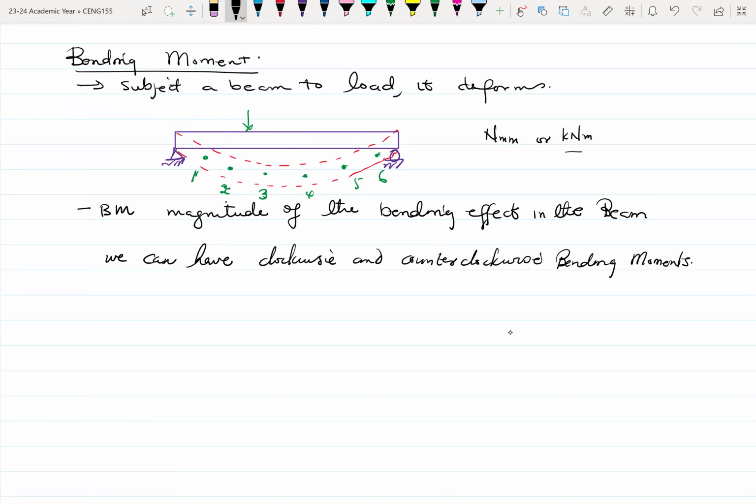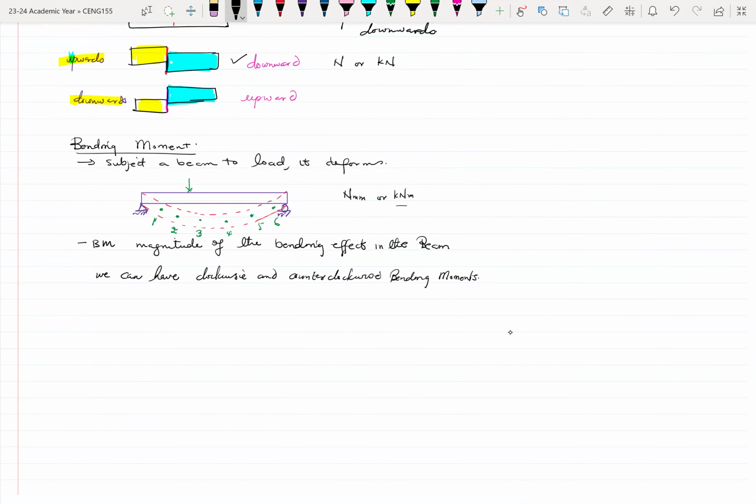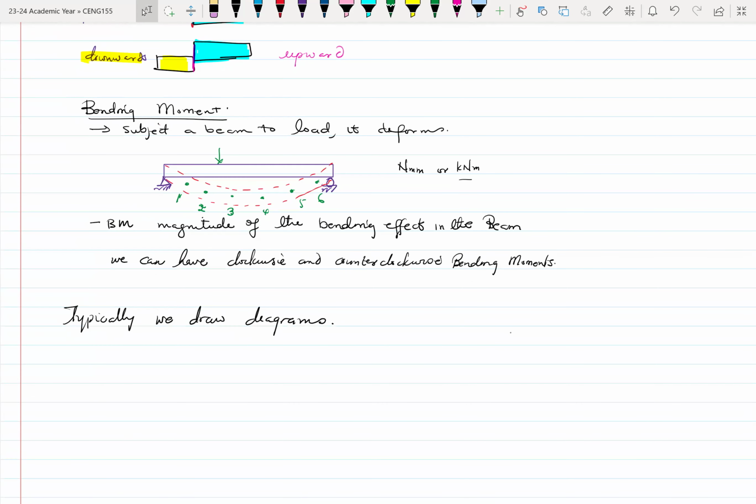So normally with all of these, we need to draw diagrams. As I said, if you want to know the overall behavior of the beam, say for shear force, we need to know the shear force at every point along the length of the beam.